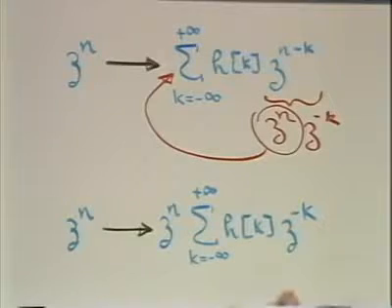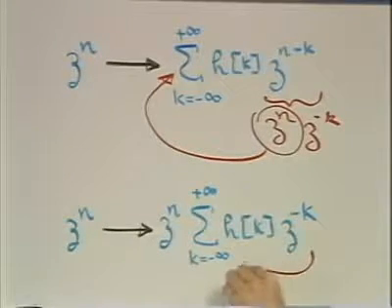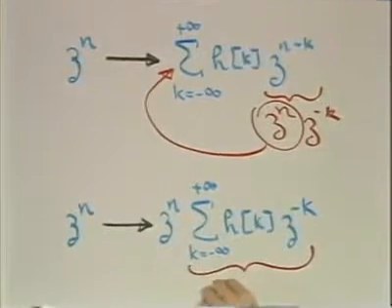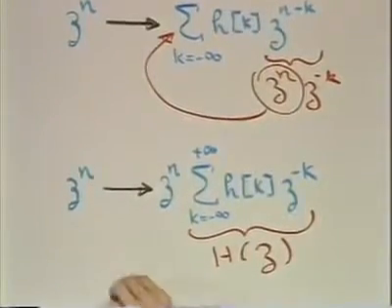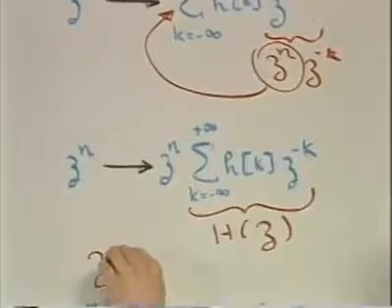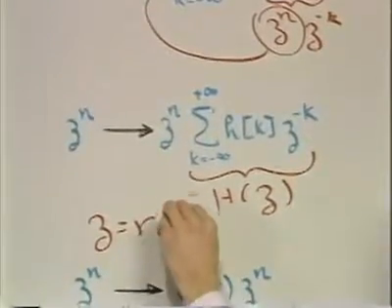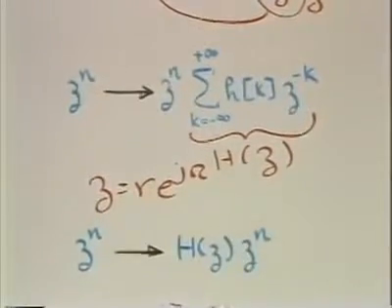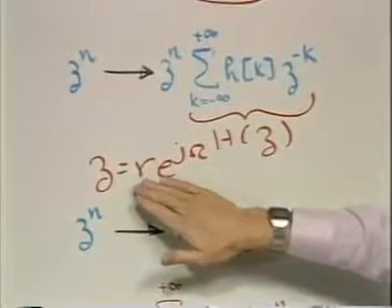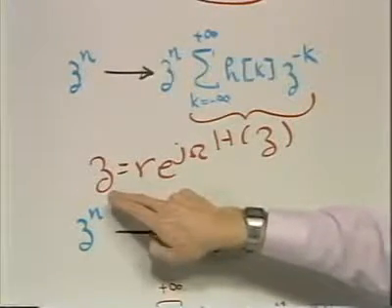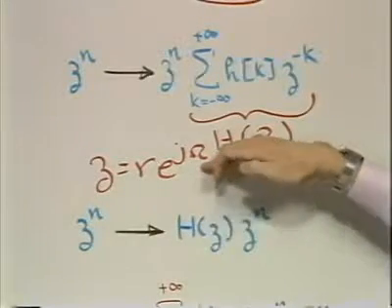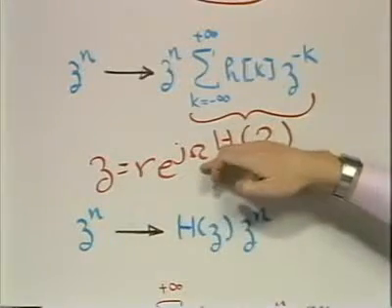So in fact, this summation corresponds to a complex number which we'll denote as h of z, where z will represent a more general complex number, namely z is r e to the j omega, r being the magnitude of this complex number, and omega, of course, being the angle.